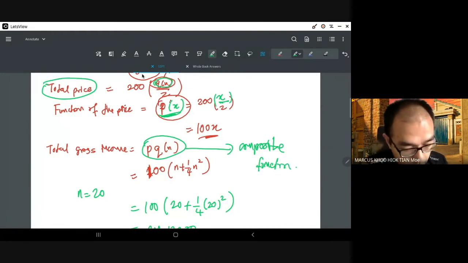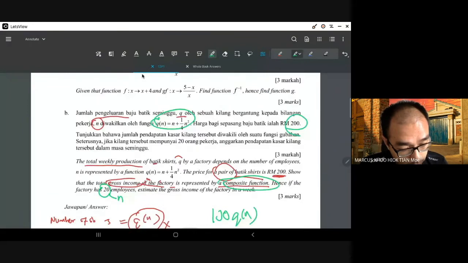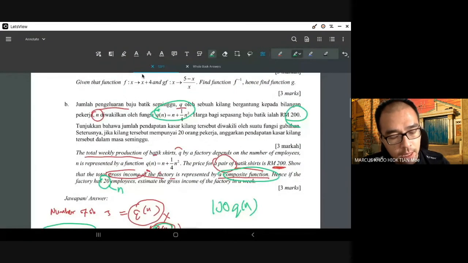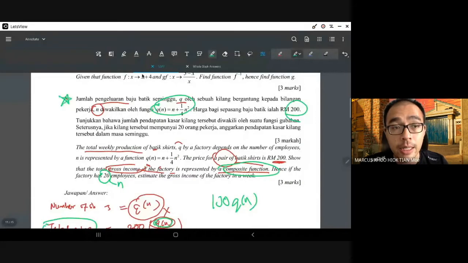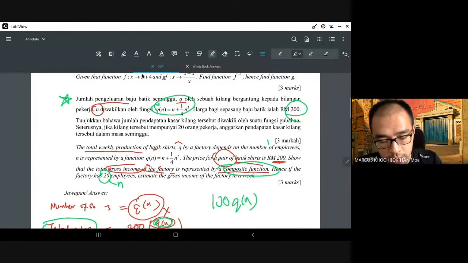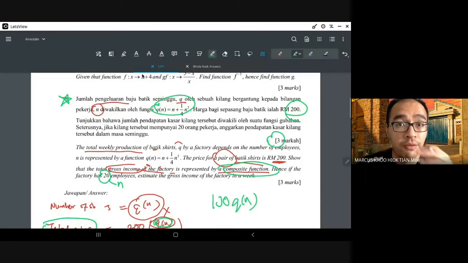All right, let's go to the next one. So one piece of advice lah, I would suggest that you really take a look at question B lah. It's a good question. It's a 3-mark question now, which means that actually it's not very difficult. Difficult questions will be 4 marks lah.